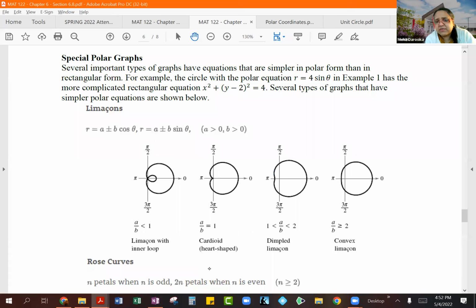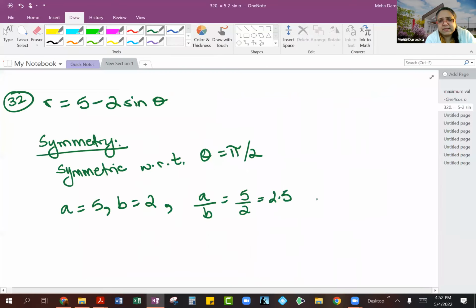But with the convex, instead of the dimple, it just goes straight down. It doesn't form a circle because it stops right over here and changes the shape. So this will be a convex limacon.